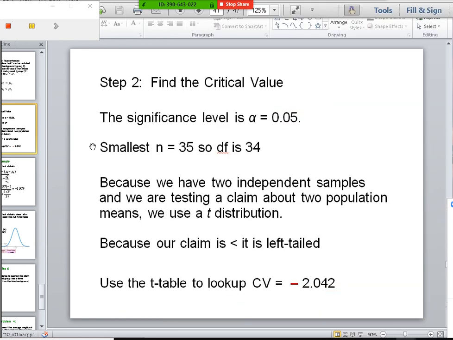Is it one-tailed or two-tailed? One-tailed. This is wrong then. A one-tailed, 0.05, 34.